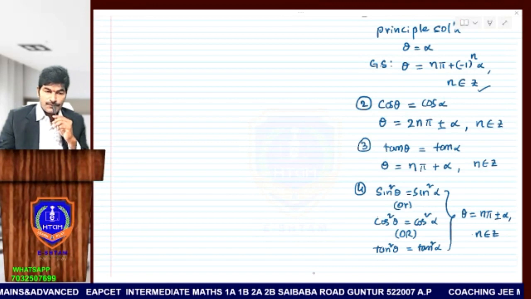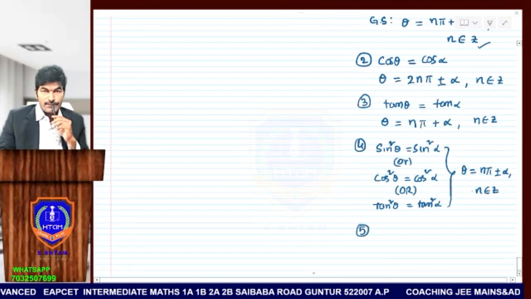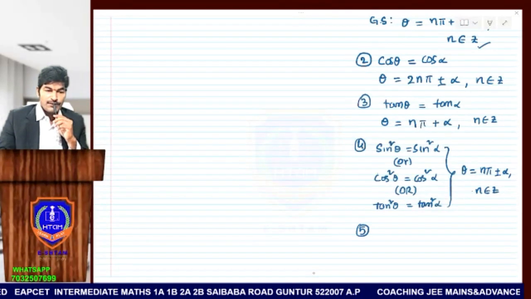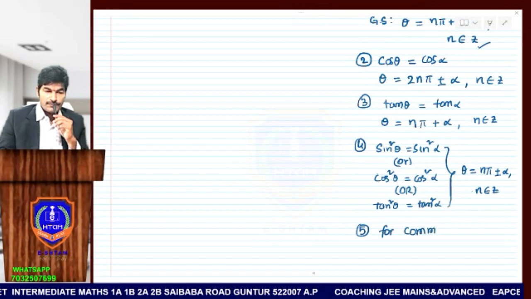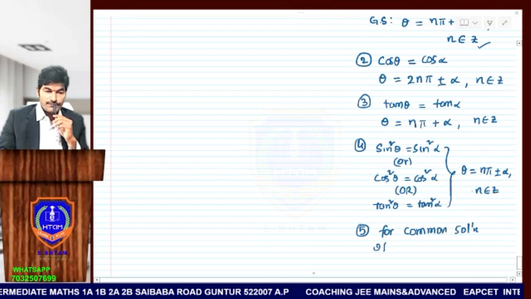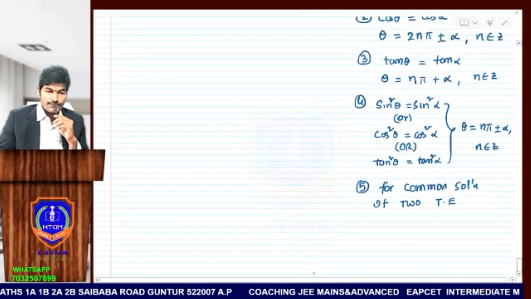Okay. And the last one. Sometimes two trigonometric functions are given to you and he is asking for a common solution. For a common solution, two different equations are given. For the common solution of two trigonometric equations, I simply mention that as T.E, that means trigonometric equations.